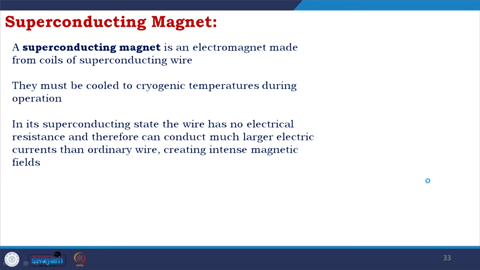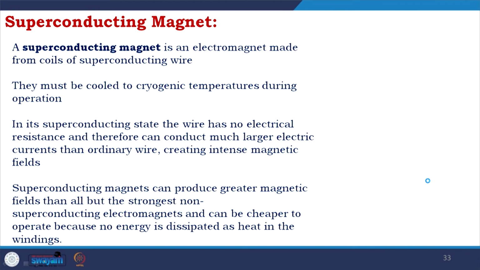In its superconducting state, the wire has no electrical resistance and therefore can conduct much larger electric currents than ordinary wire, creating intense magnetic fields. Superconducting magnets can produce greater magnetic fields than all but the strongest non-superconducting electromagnets and can be cheaper to operate because no energy is dissipated as heat in the windings.